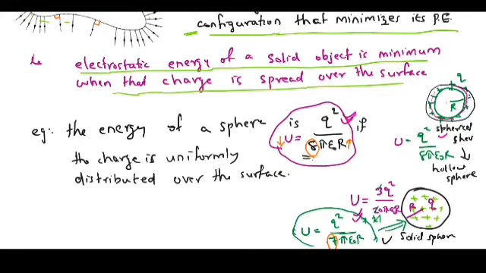But here 7 is smaller compared to 8, therefore the denominator is smaller, therefore the energy is larger. That is, this energy is larger than this energy. Why did this energy become larger? Because here the charge is distributed throughout the volume. The amount of charge is the same in both cases.